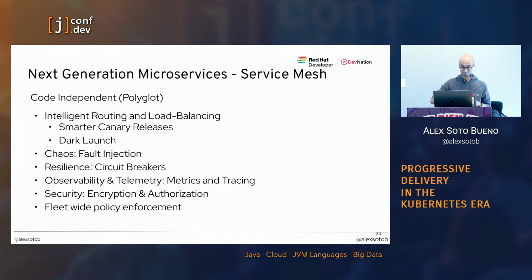For example, Istio lets you do intelligent routing and load balancing. Basically, it lets you implement all the YAML files that you've seen before. It lets you do smart canary releases, dark launches, mirroring traffic, and so on, with just applying a YAML file. But there's much more. Remember, you can use Istio for chaos engineering, for resiliency, for observability.